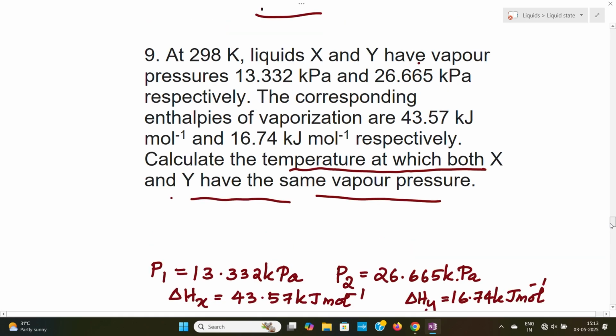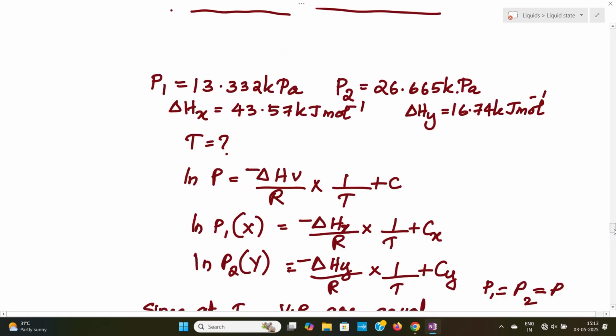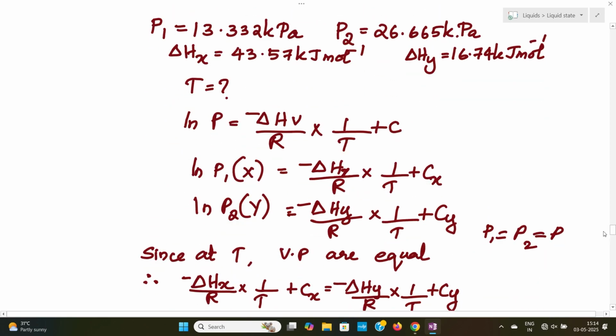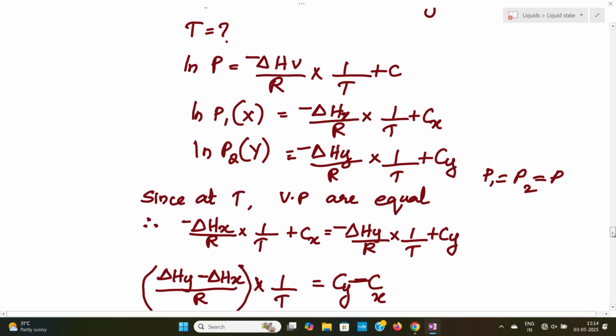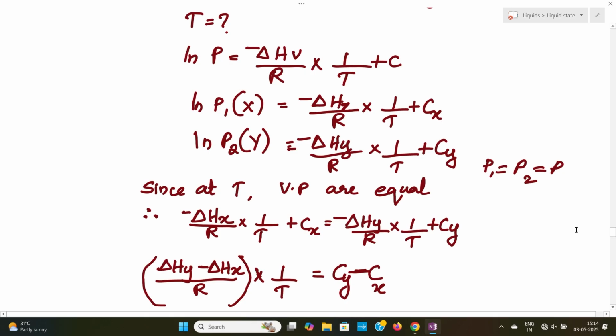I hope you understood the problems. Initially, first we have to assume that we have to do by using the Clausius-Clapeyron equation, we have to write the two equations, and we have to assume that the vapor pressures are equal at a temperature T. So here, since the vapor pressures are equal, this side also will be equal.